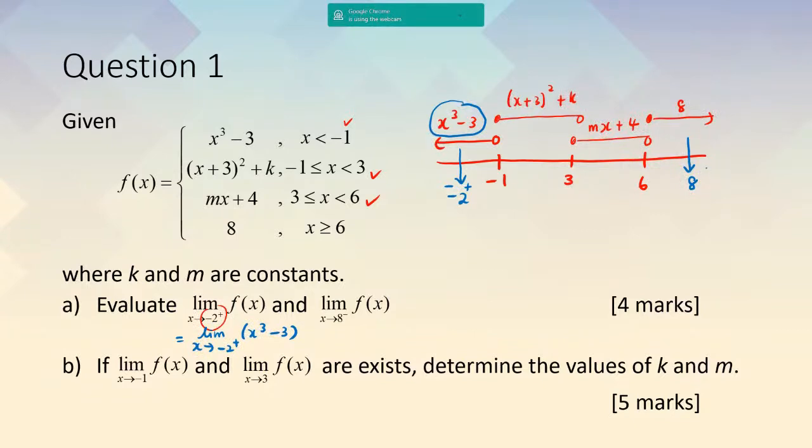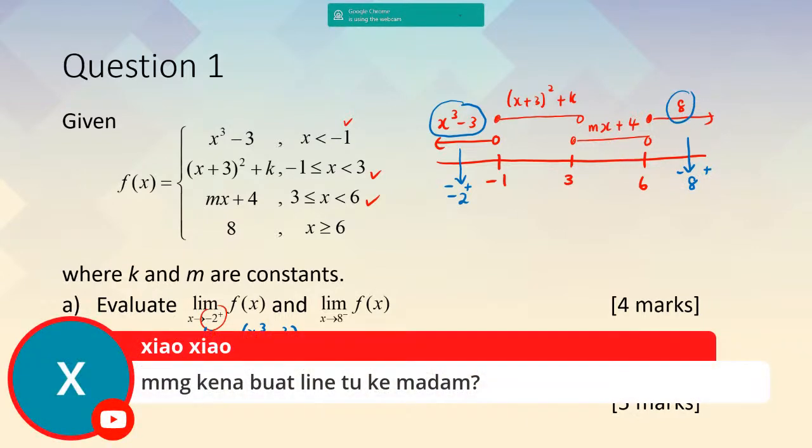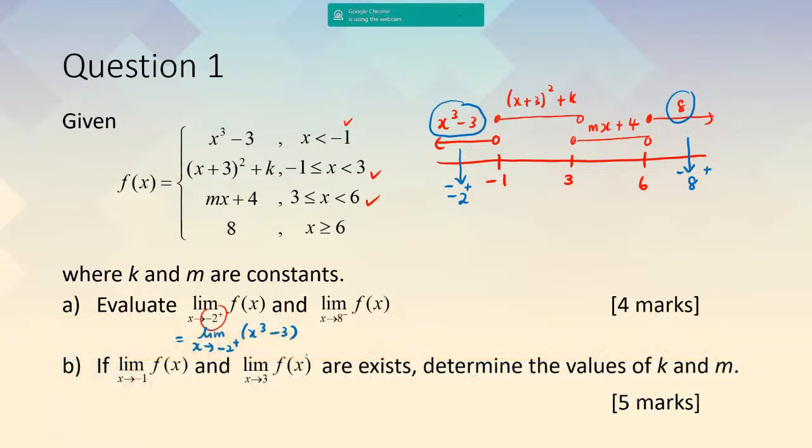So 8 from right and 8 from left, our function here is 8. Just take it from here. That's why we make this number line, so it's easier to see which function to choose. So that is for number 1A.